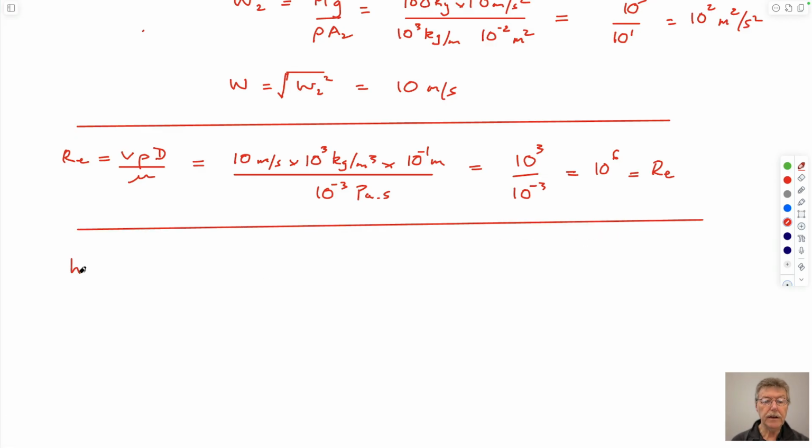So the head loss major is equal to friction factor times length over diameter times v squared over 2g, which would be equal to 0.01. I won't use the other one.